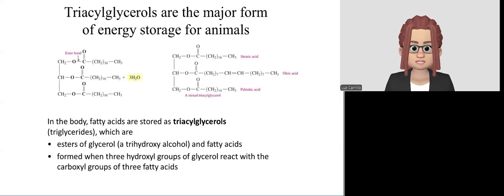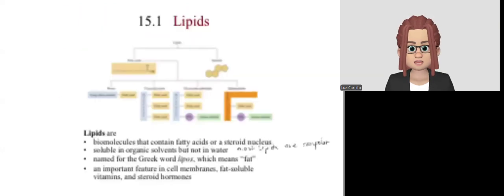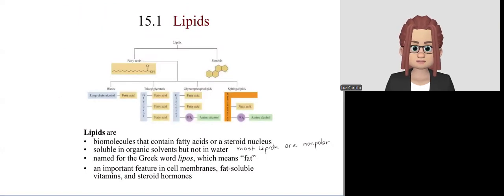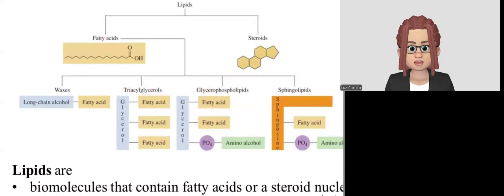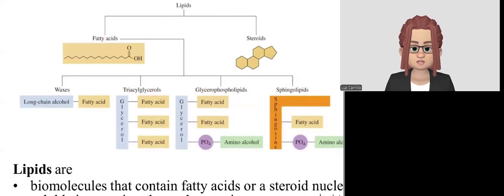Now, when it comes to fatty acids, we know that there are different biomolecules that contain them. If we revise the original image that we have, they are subdivided into waxes, triacylglycerols, glycerophospholipids, and lastly, sphingolipids.